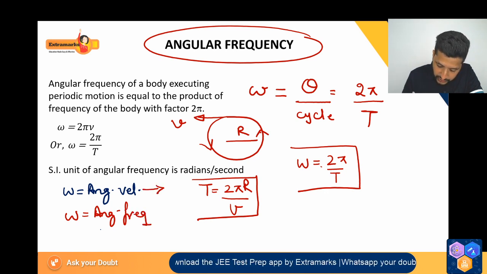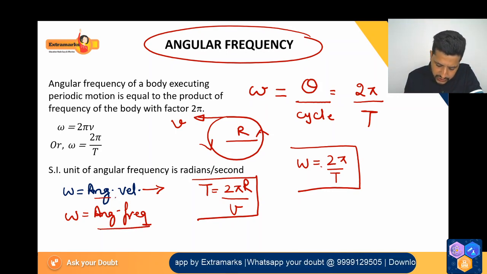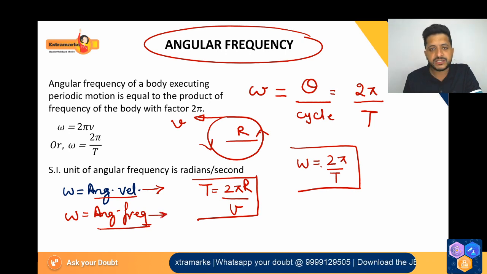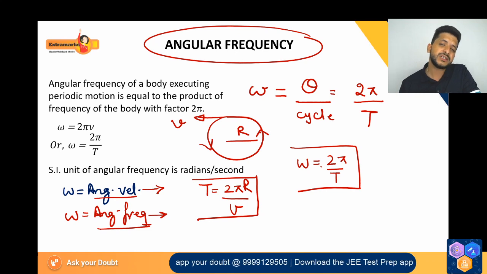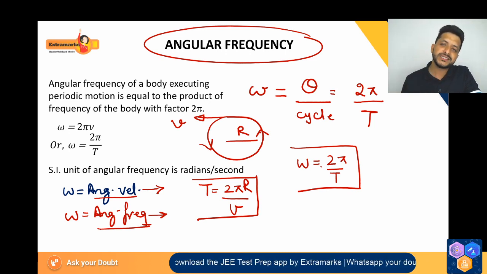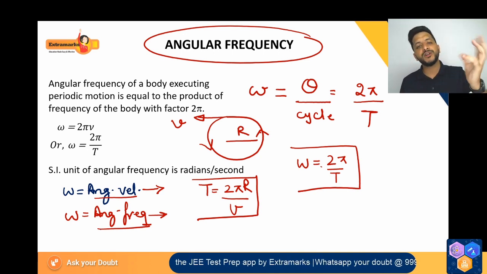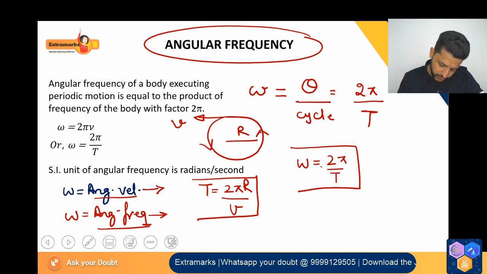Angular velocity is to be used with rotation and circle concepts, but angular frequency is to be used with SHM and oscillation concepts. Whenever we are dealing with waves, oscillations and all, we will mostly use the term angular frequency rather than angular velocity. And when we are doing rotation and circular motion, we will use angular velocity, not angular frequency. This is a point which you have to note down.